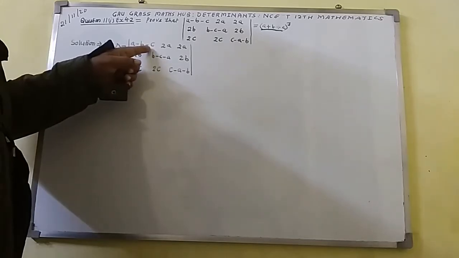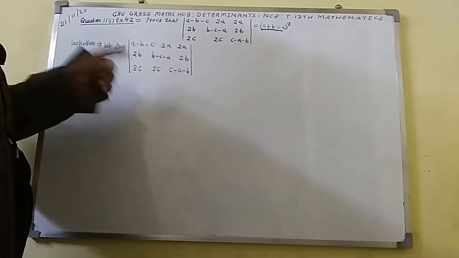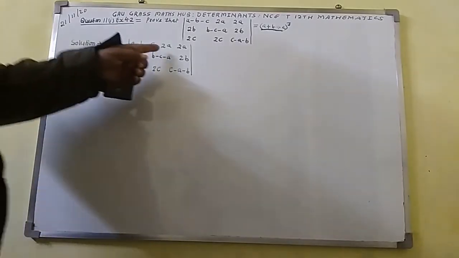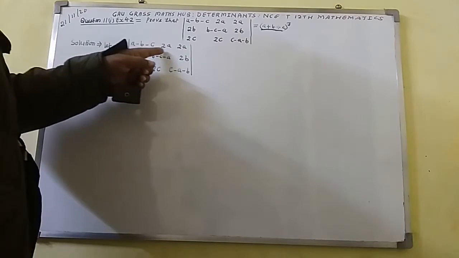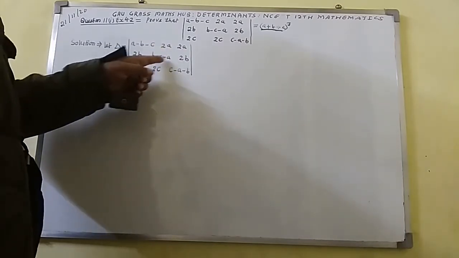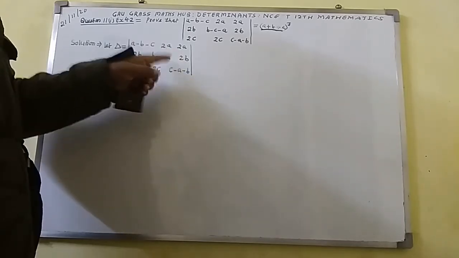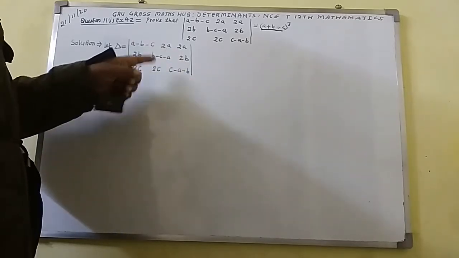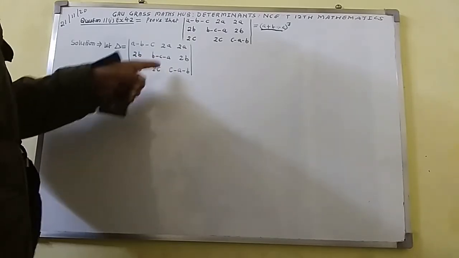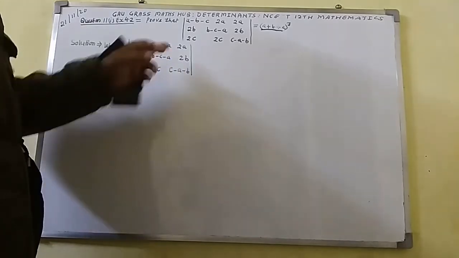And minus c will be added to plus 2c, you will get plus c. So you will easily get a plus b plus c. Here also, 2a is added to b minus c minus a, so you will get 2a minus a, which is a, and plus b, and minus c added to plus 2c gives plus c. So you get a plus b plus c here also.